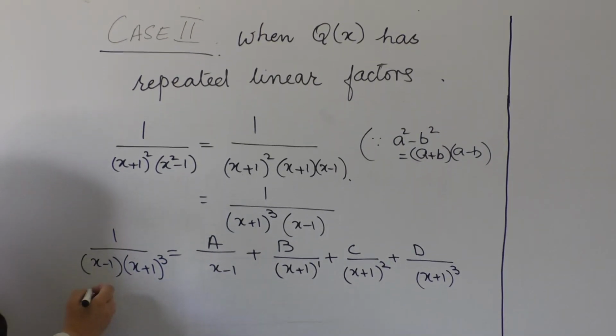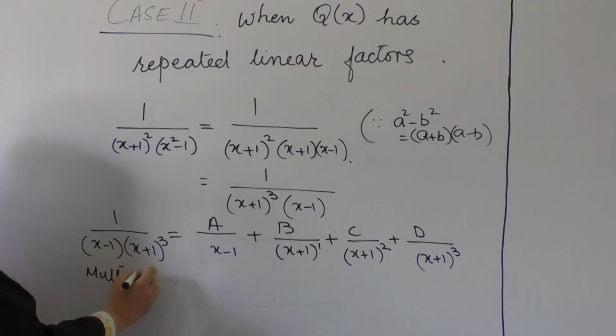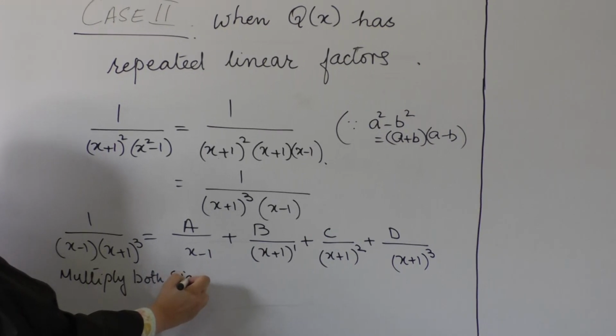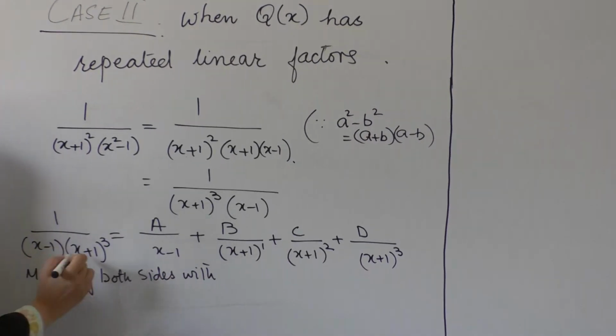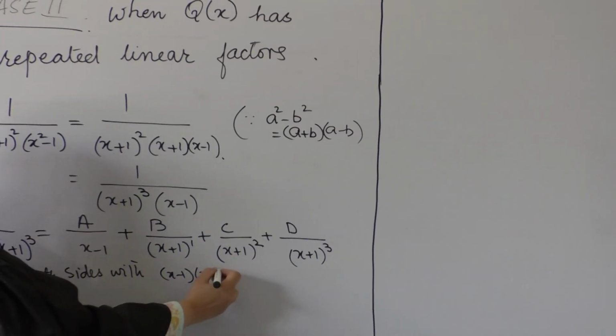Remaining procedure is same. Multiply both sides with this denominator, x minus 1 and x plus 1 whole cube.